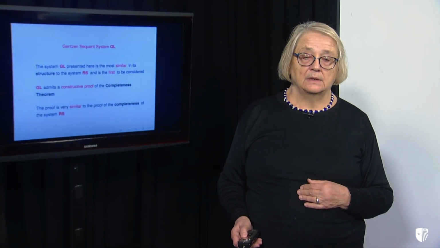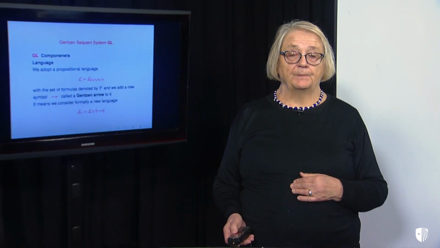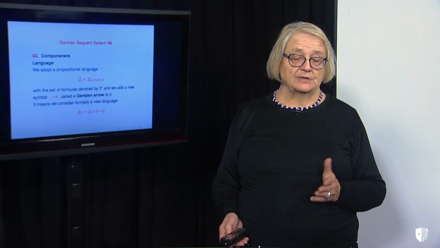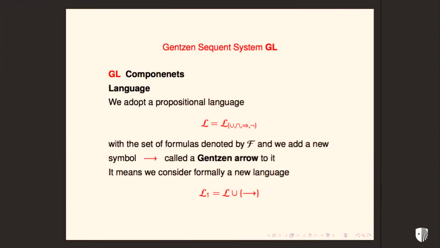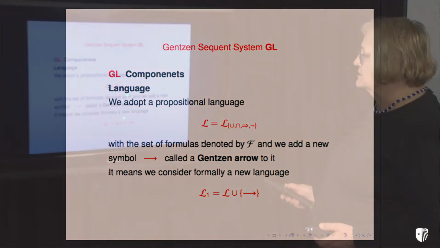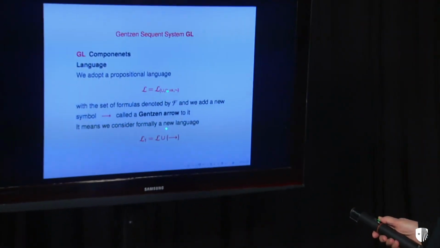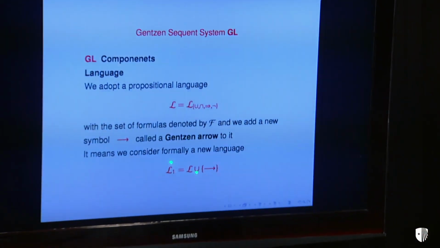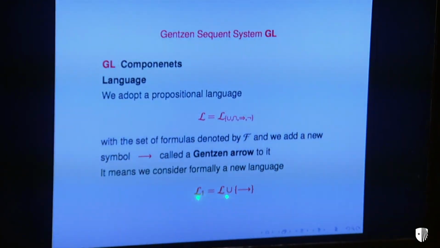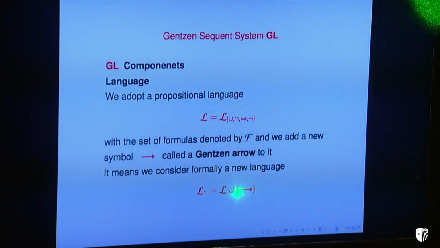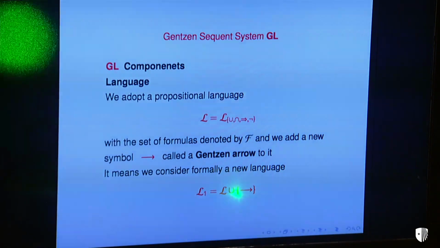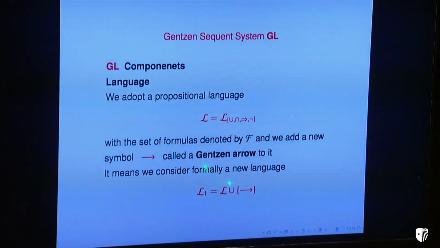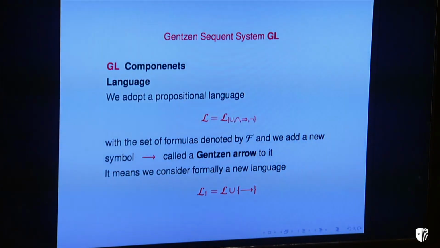Language is our normal language. We add to the language a Gentzen arrow, a long arrow, which is called the Gentzen arrow.